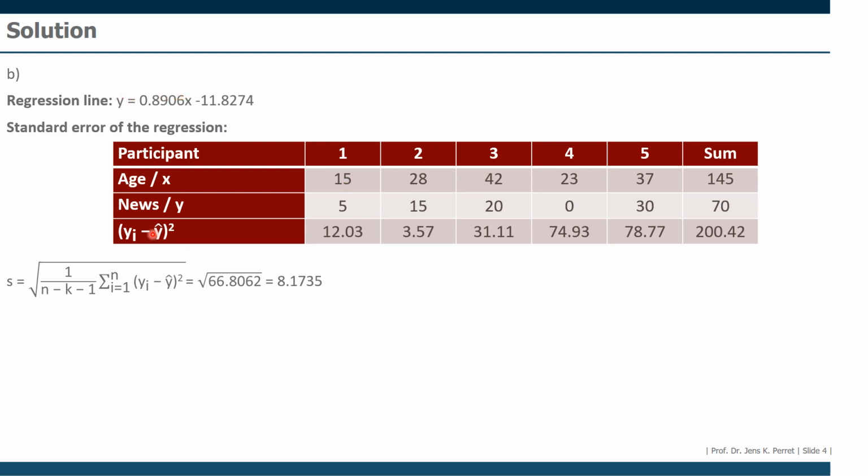This Y hat I'm going to subtract from the actual Y value. So that's more or less the error between the actual value and the prognosed value. And this error I'm going to square. And that's what I get with these values.